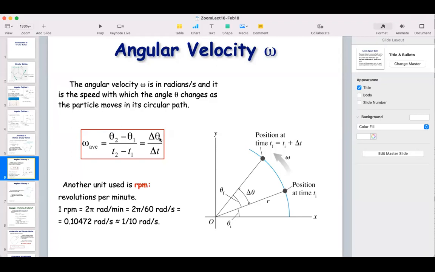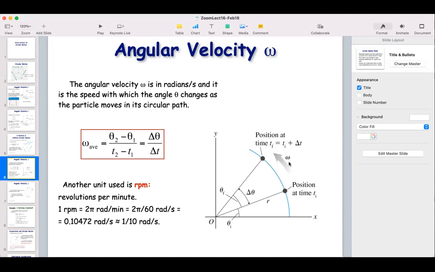So you have delta theta, theta final minus theta initial, divided by delta t. For example, in this example, this is initial, this is final, this is delta theta, and you go from T1 to T final, which is T1 plus delta T.